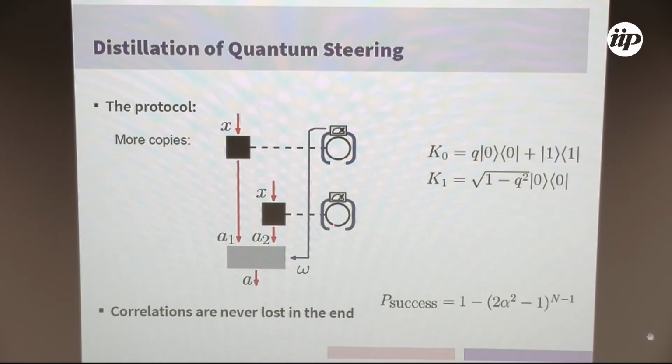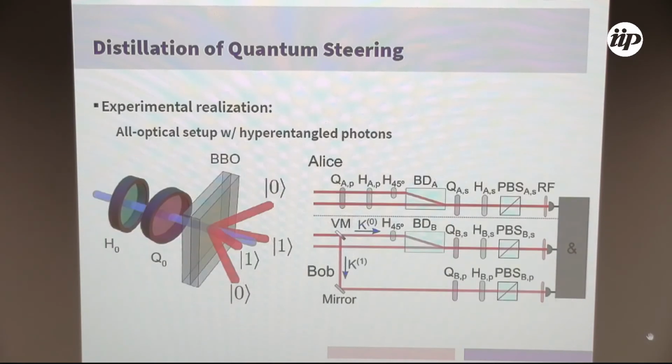If we fail in every copy we perform, we leave one at the end and use that copy instead, so that we can never lose correlation in the process. So this is a protocol which distills, in a certain sense, deterministically, because we can never decrease the steering with this method using more than one copy. And then the probability scales with the number of copies in this way.